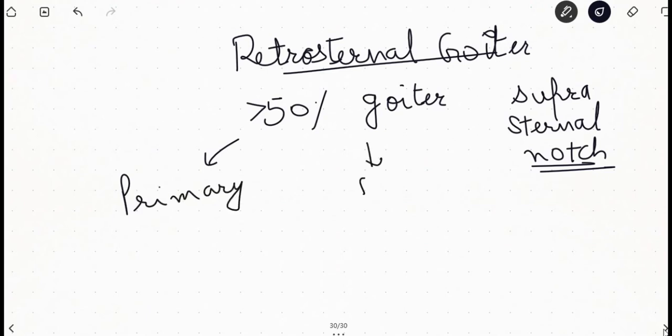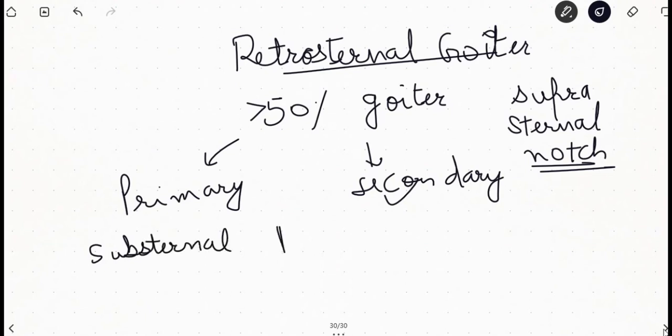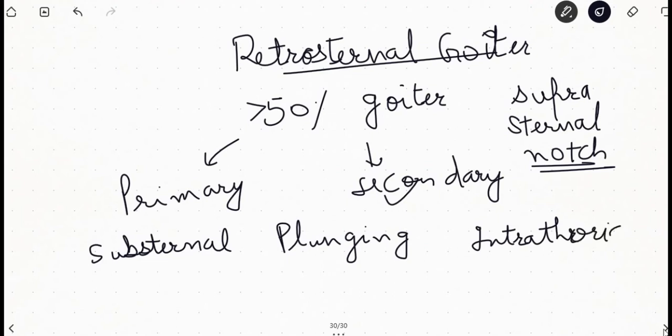The primary type is uncommon, whereas the secondary type is common. Clinical types include substernal type, plunging goiter, and intrathoracic goiter. Treatment is surgical removal of the retrosternal goiter.